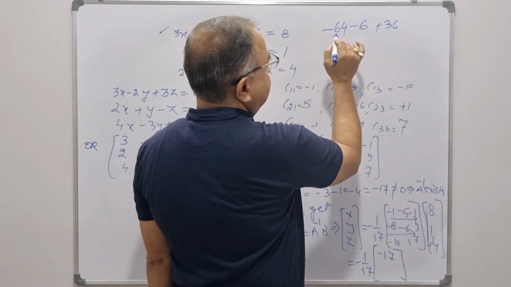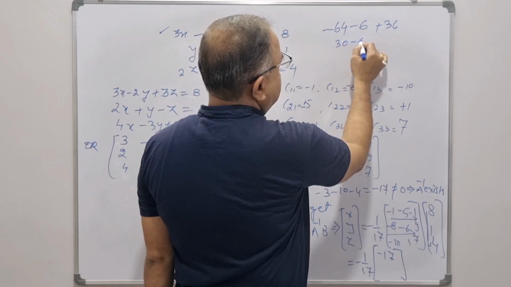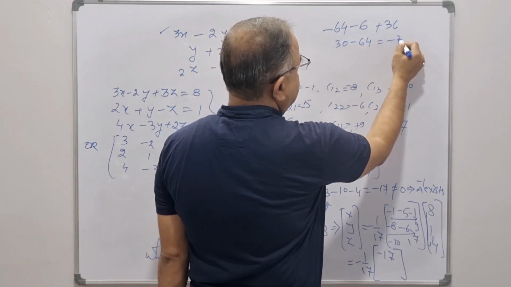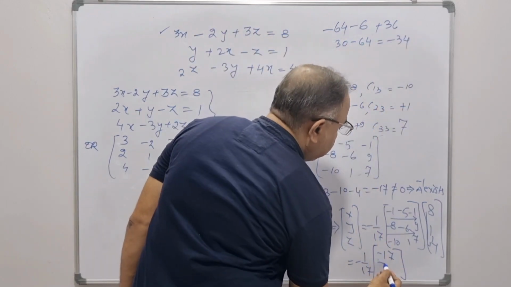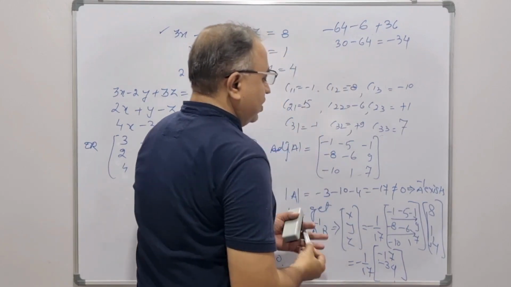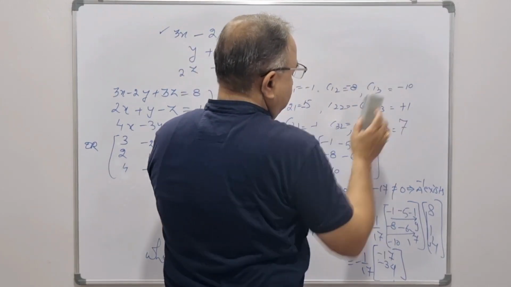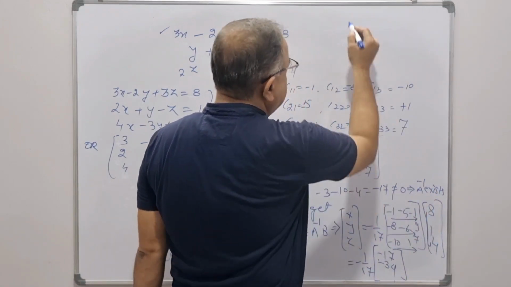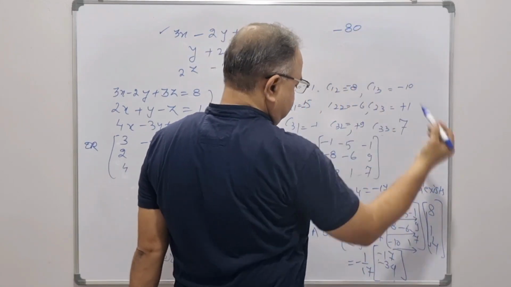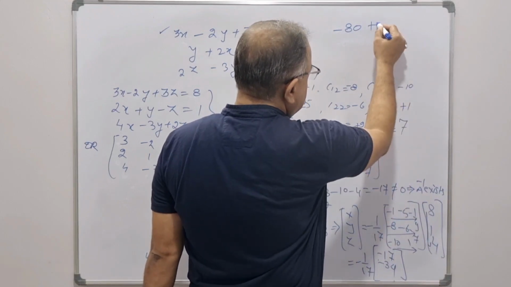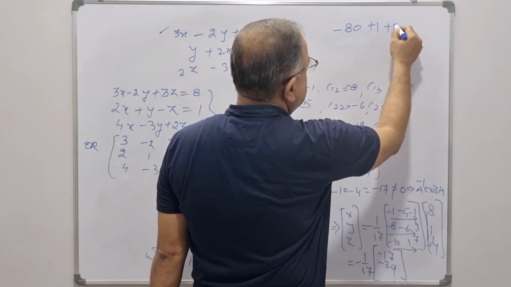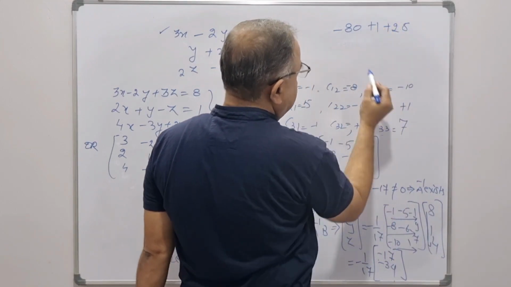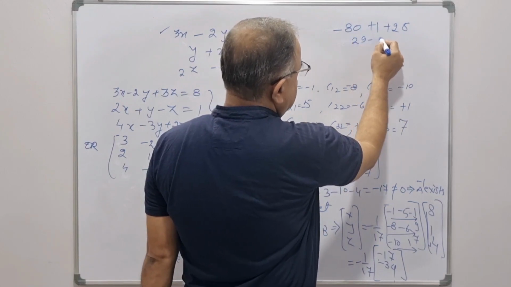So 36 minus 6 is 30. 30 minus 64, minus 34. Now third row. We are taking the third row and the same column, so minus 80, then plus 1, plus 28. 29, 29 minus 80.